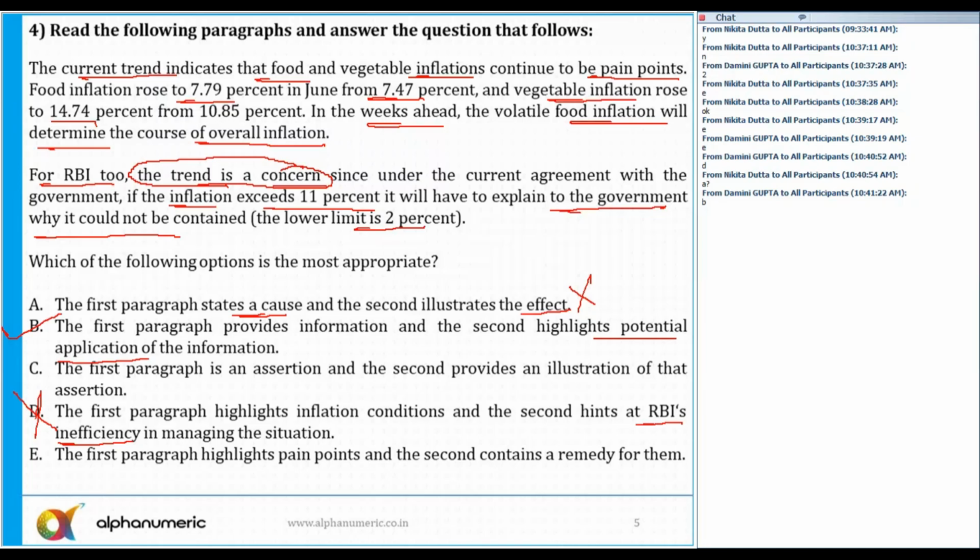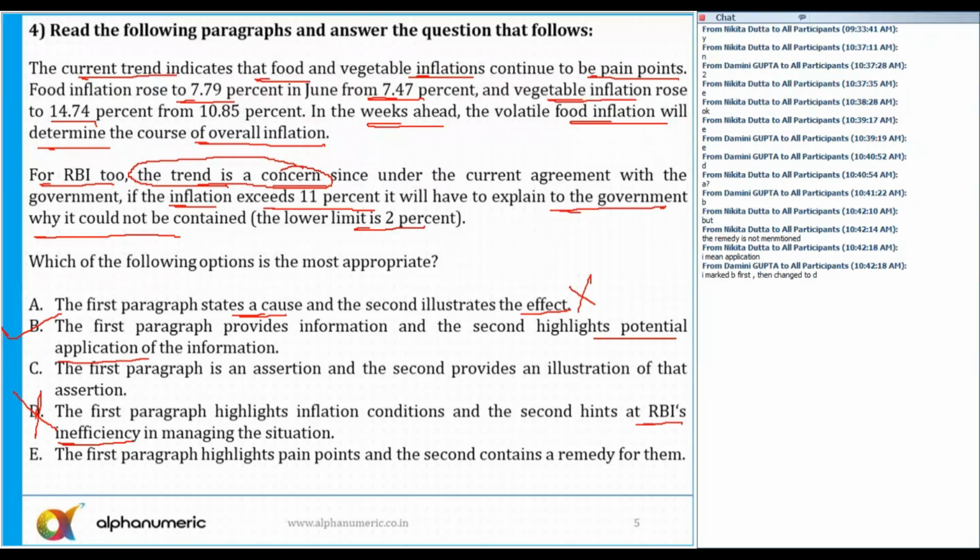Did you understand? Okay, Nikita, the remedy is not mentioned. So he's not saying that there's a remedy.